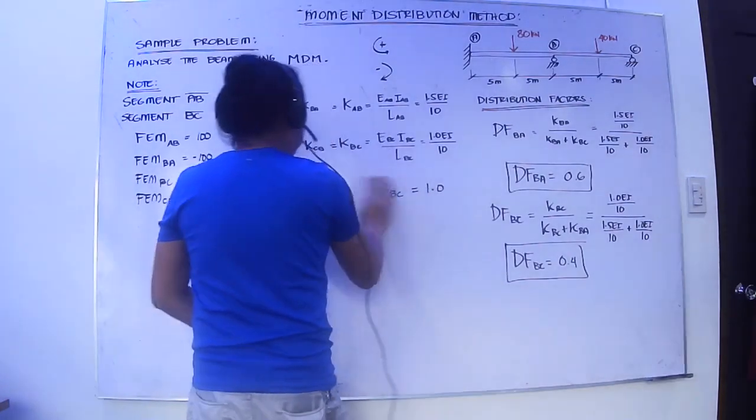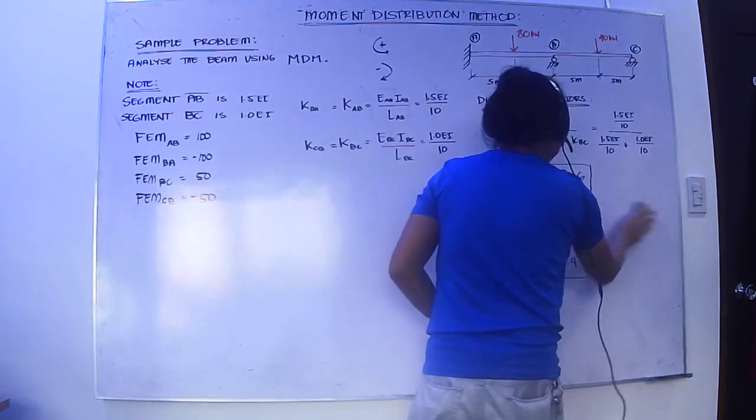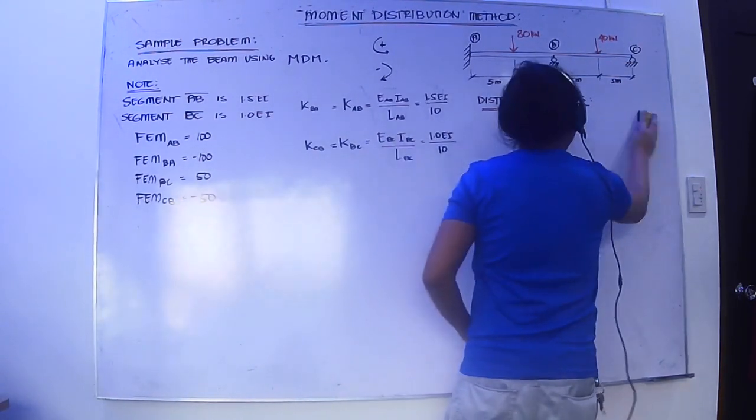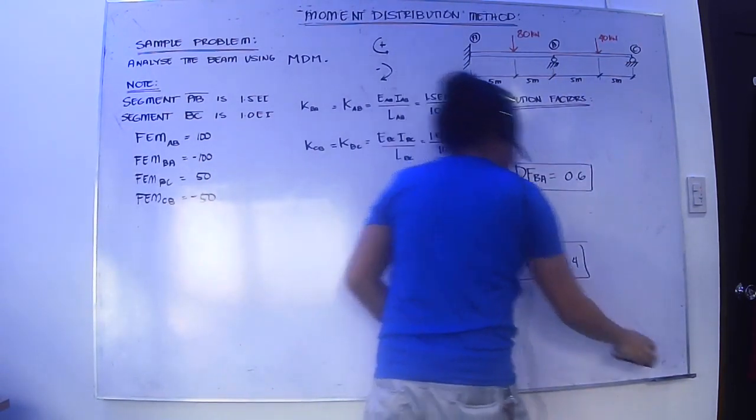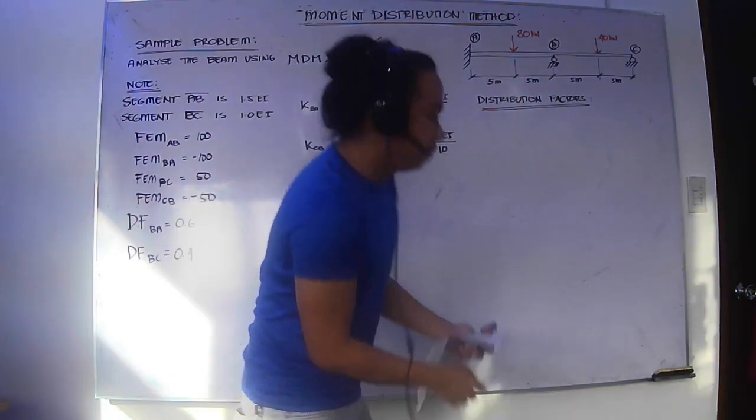So far, as the distribution factors are concerned, we have BA and BC. Okay?